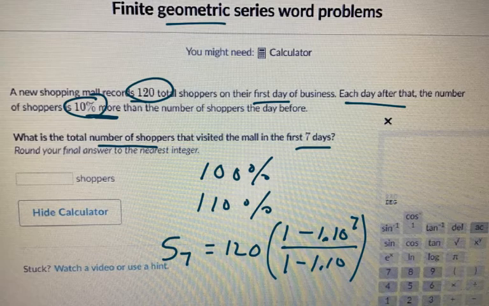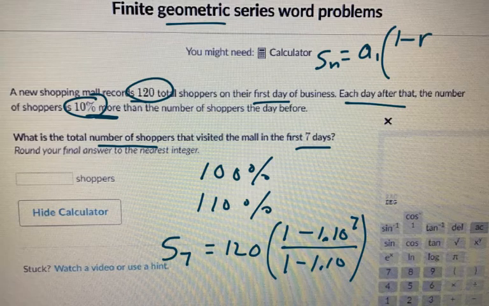Now what I basically did, guys, here's the actual generic formula. If I want to know the sum of n number of days, I'm going to take its initial amount, I'm going to times it by 1 minus the ratio to the n power, divided by 1 minus the ratio.